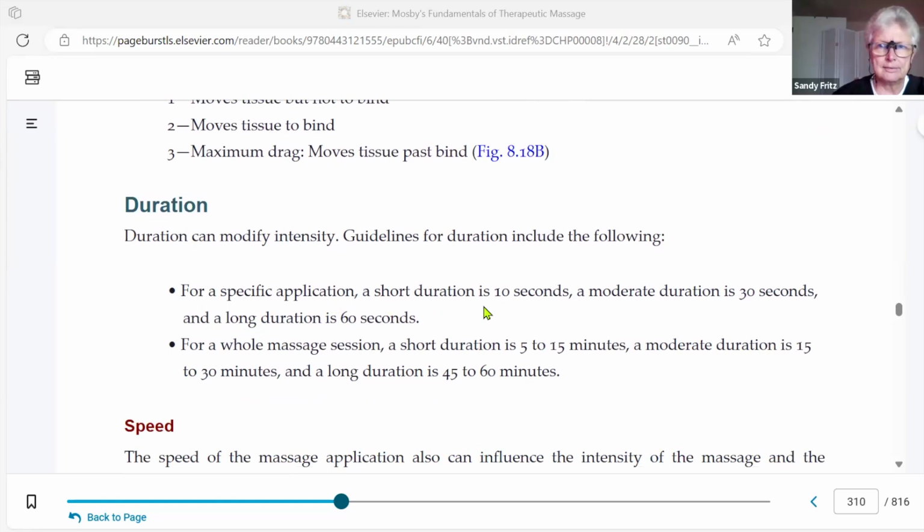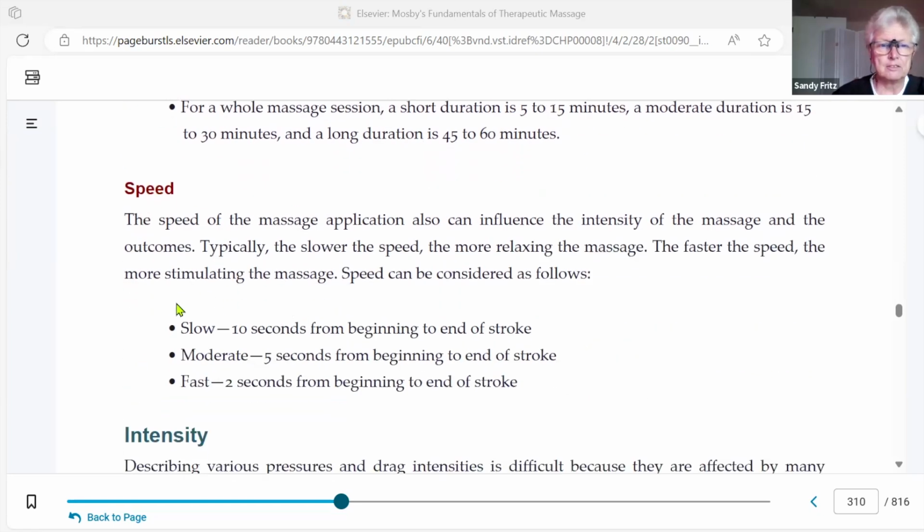And we're not going to stay hyper focused in any one area. And then it gives you the duration. The total duration of the massage is about 45 to 60 minutes. And the speed is slow to moderate.